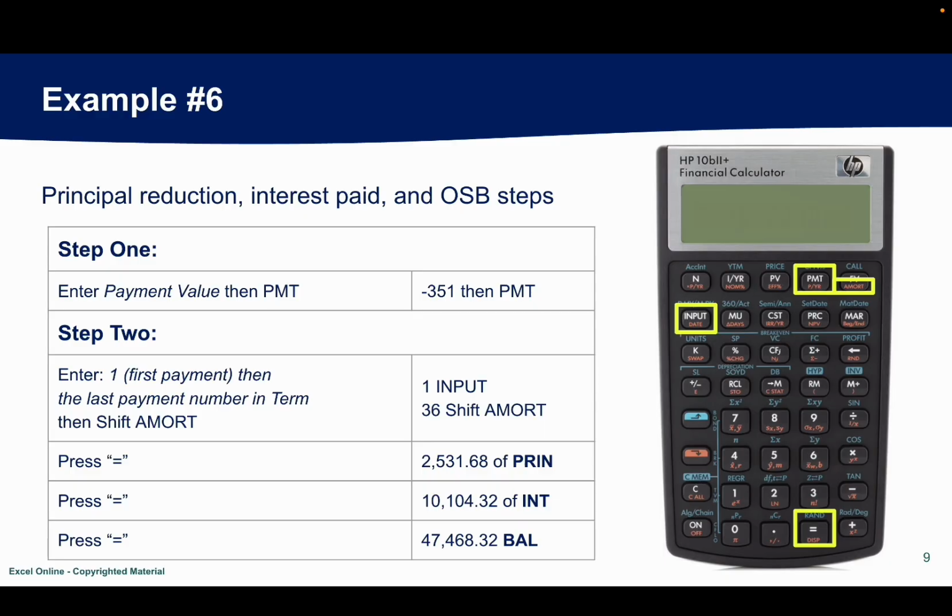All we have to do is press 1, then press input, then press 60, press shift, and press amort, and then press the equals button. This saves us valuable time for questions. If the loan is different, we have to ensure that these 6 variables are updated. But if it's the same, we can just follow the easy steps.